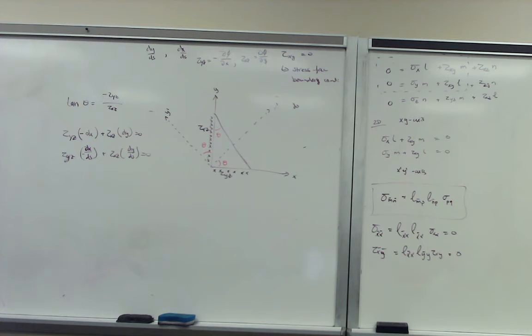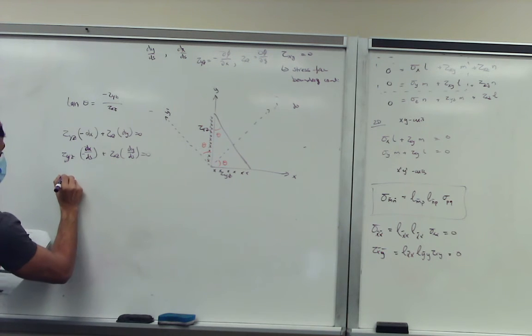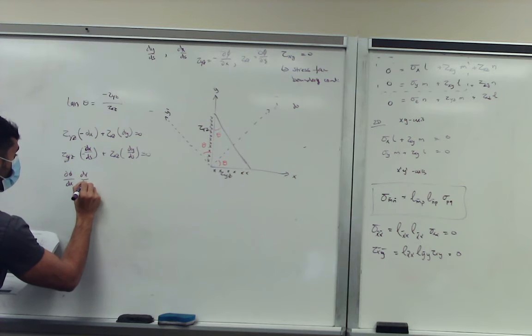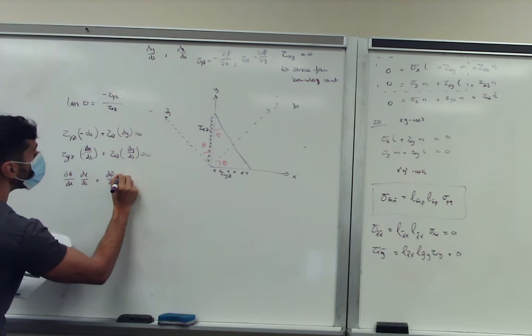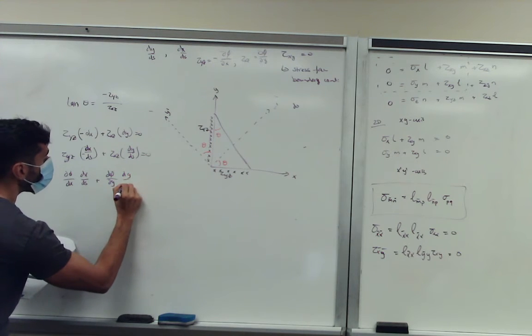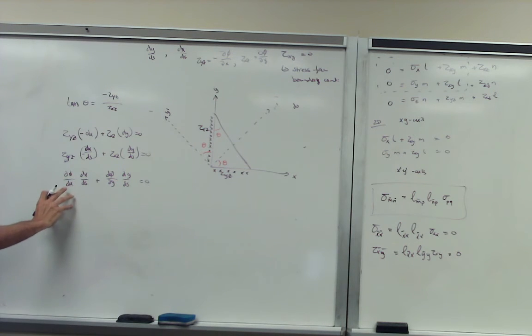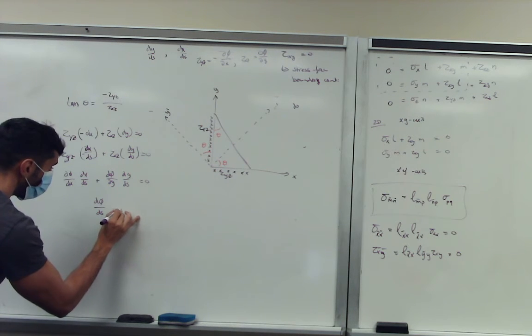And we substitute in these two terms into tau yc and tau xc. So what we get is that d phi dx multiplied by dx/ds plus d phi dy multiplied by dy/ds is equal to 0. So now this will cancel out, and what we get is that d phi/ds is equal to 0.